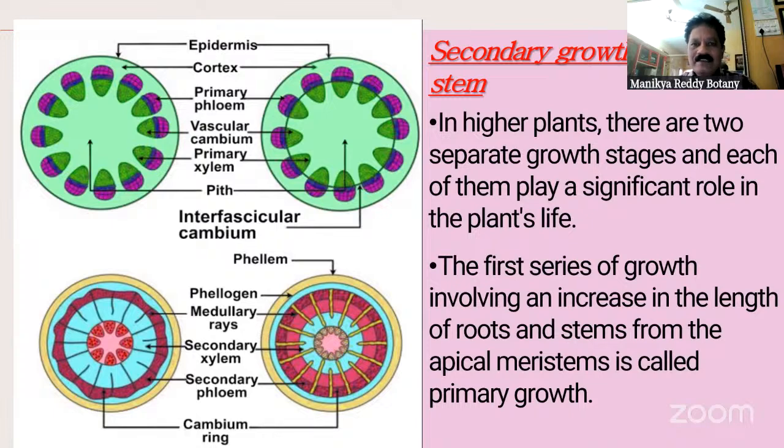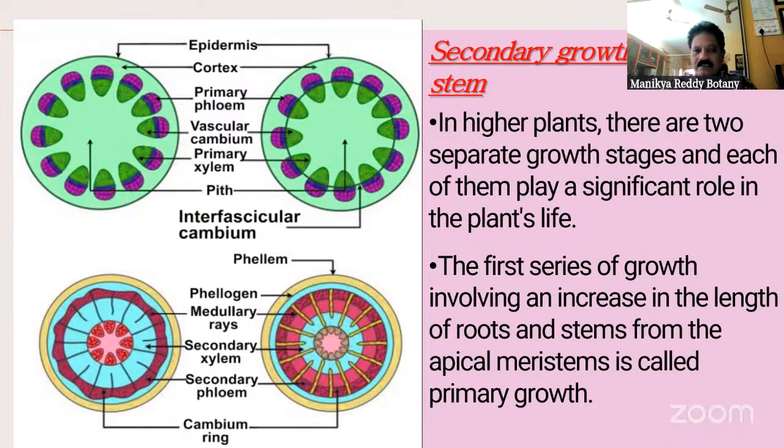If the number of parts is increased in the plant body, the requirements are also increased. It needs more supply of water and more supply of food materials. Hence, the secondary vascular tissues are formed at a later stage because of the activity of lateral meristem.